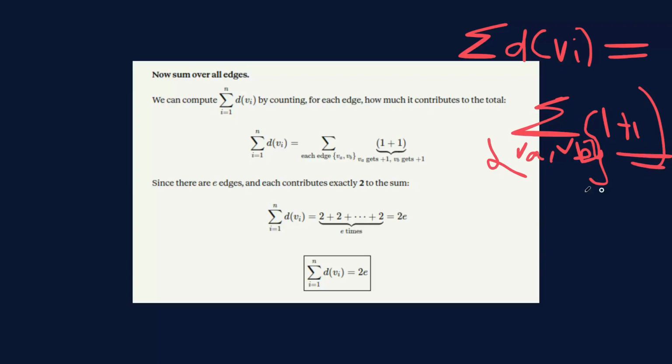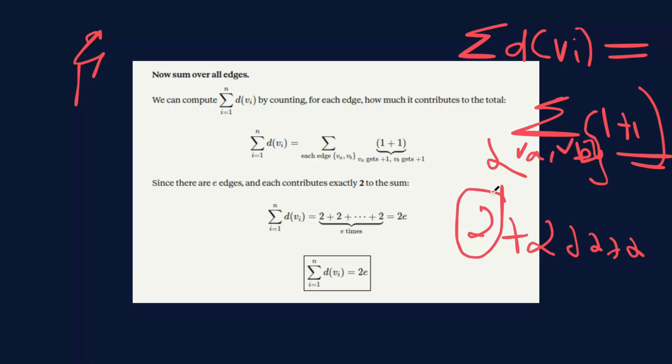So if in total I have, let's say, 4 edges, that means 2 plus 2 plus 2 plus 2, because one edge gives 2 to the degree.